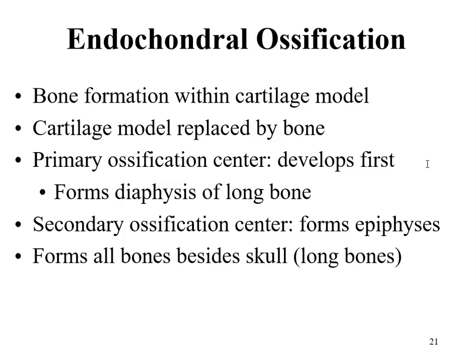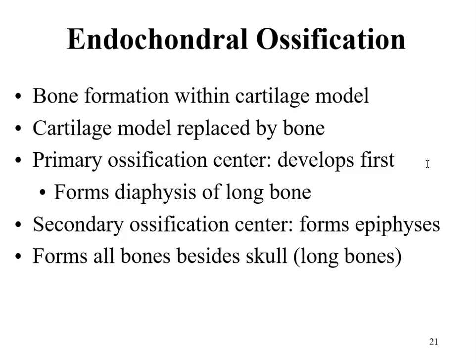Here, there's a very strict order to ossification, with a primary ossification center developing first in the diaphysis, which then goes on to form the diaphysis of the long bone. Then 2 secondary ossification centers form later, 1 in each epiphysis.